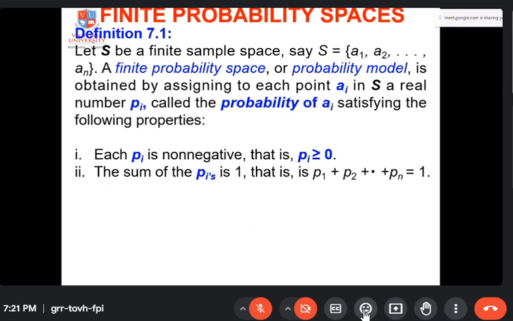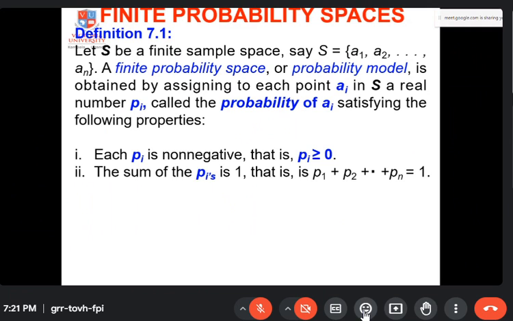So that is what we are talking about now. In a sample space, each point can be assigned a number which we call a probability, Pi. So Pi is the probability of a point, and it shouldn't be negative.